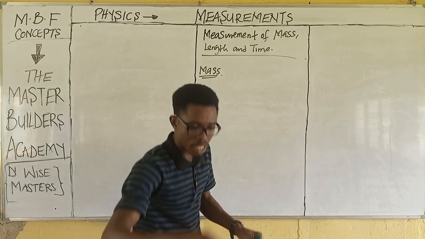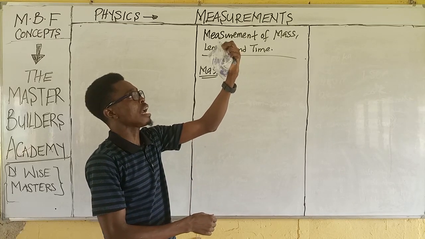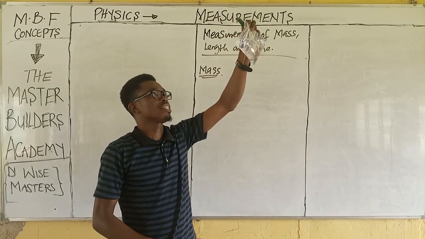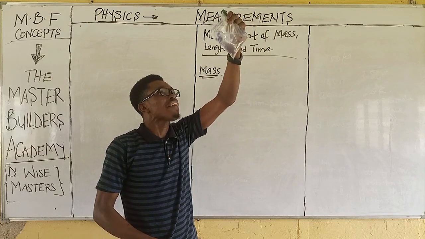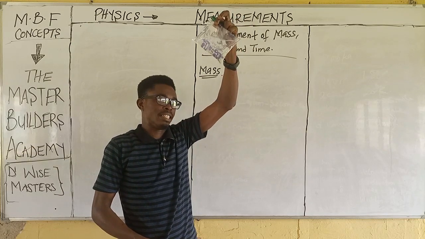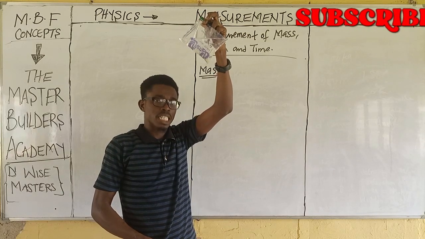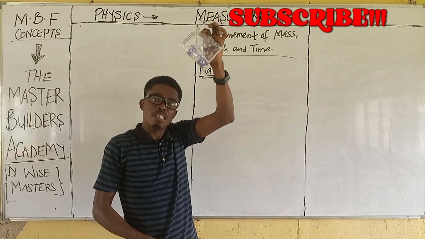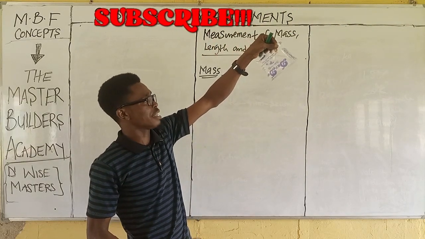Now, this is a water, a sachet water. And this sachet water contains water. What we have inside this sachet, this nylon, you call it, is mass with respect to volume. And maybe this is 60 cl.